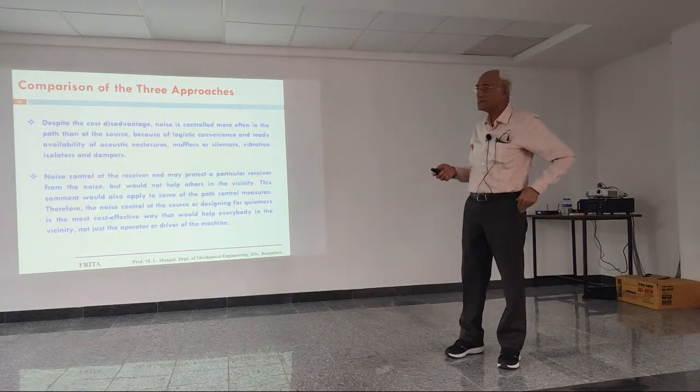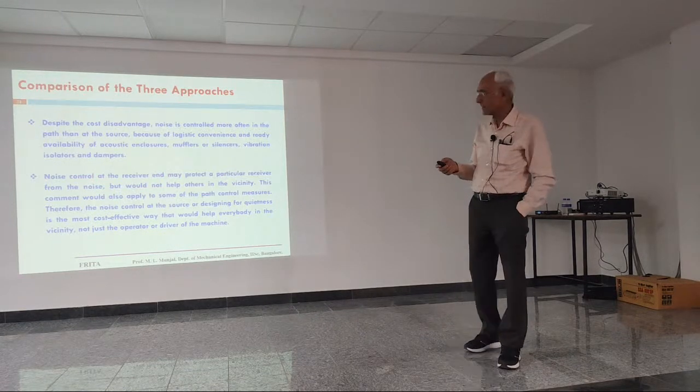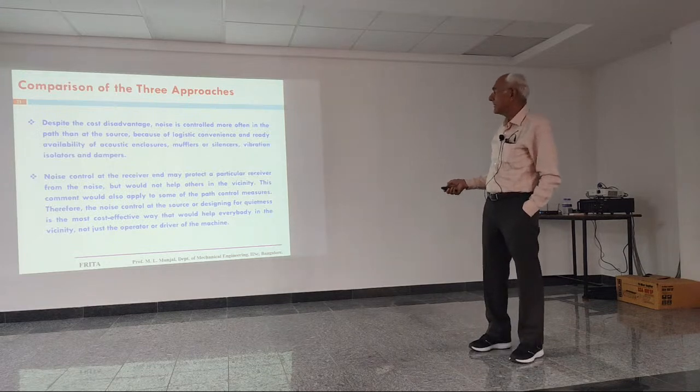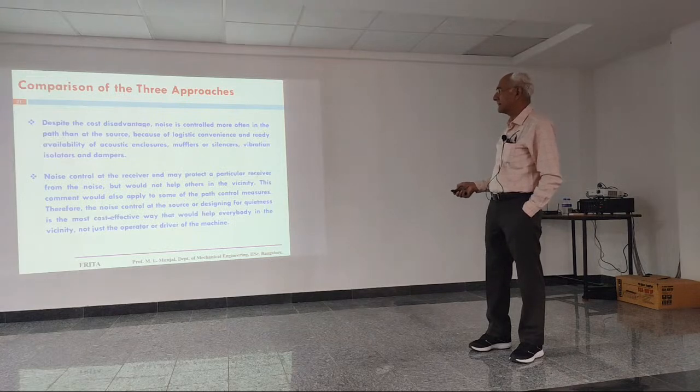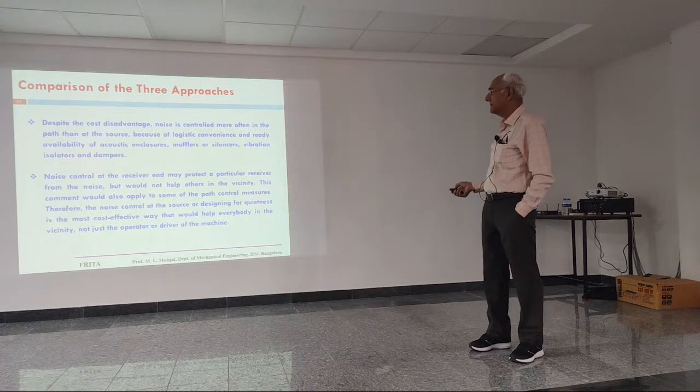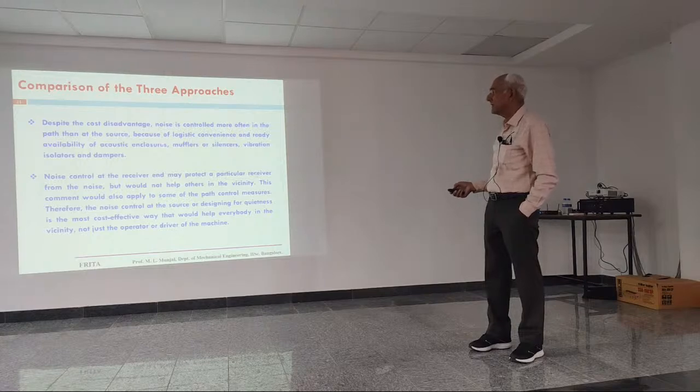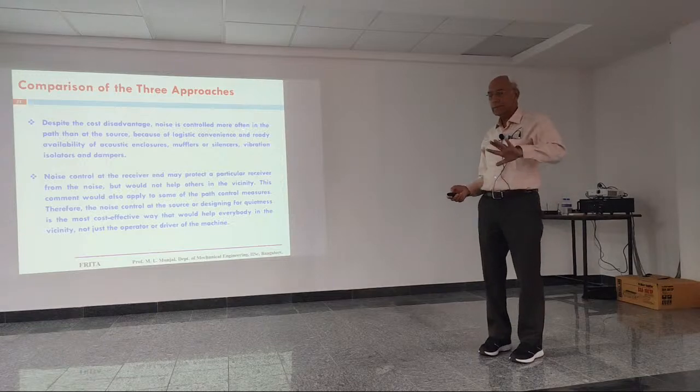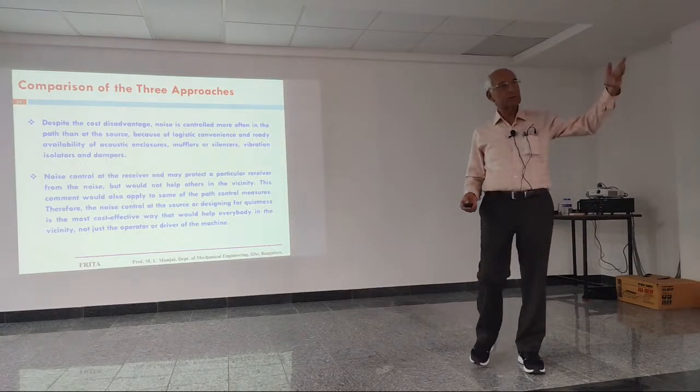Now, let us compare the three approaches that I talked about. Despite the cost disadvantage, noise is controlled more often in the path than at the source because of logistic convenience and ready availability of acoustic enclosures, mufflers or silencers, or pressurizers. These are easily available. Most of the time, people don't have the source option because they don't design the machines.